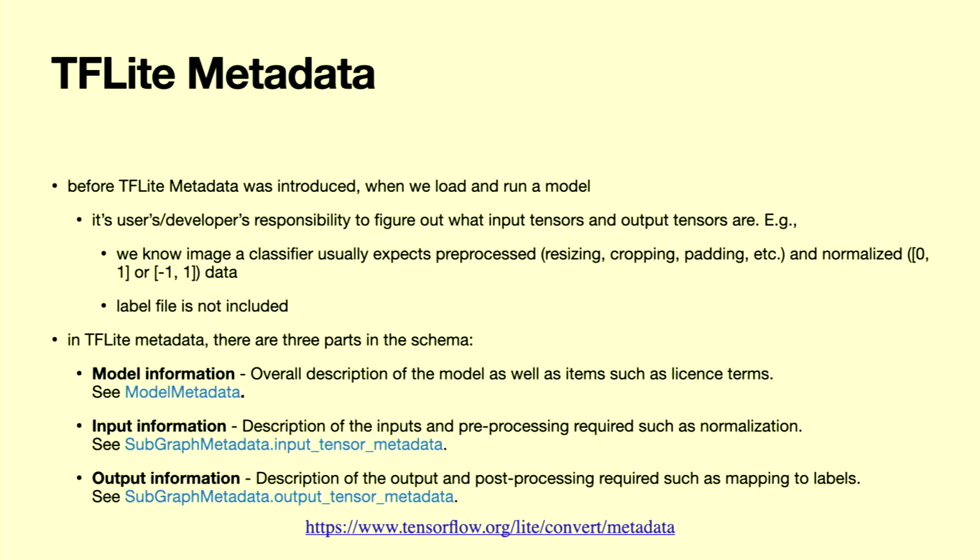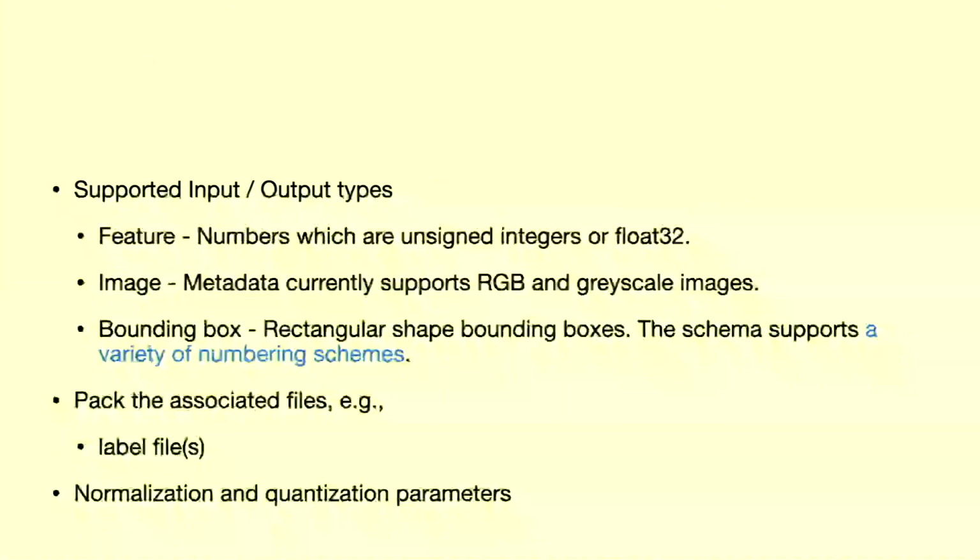You have to figure out different image processing and normalization stuff. In TFLite metadata, there are 3 parts: model information, input information, and output information. You can write the information about the input and output types into the metadata.